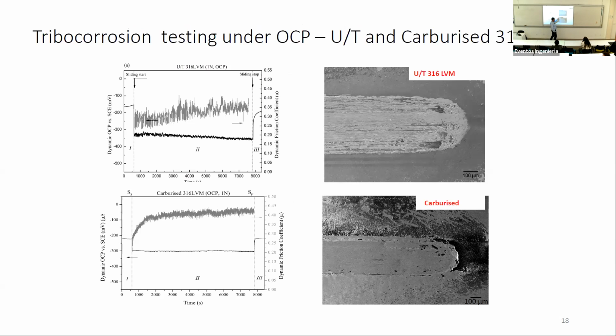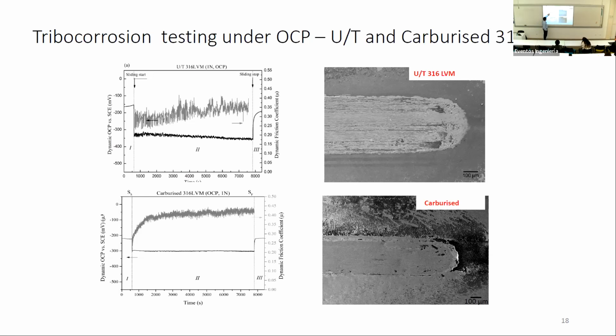Over here, then we have the same tests, but this time around under open circuit potential conditions. So we're monitoring the open circuit potential, and we're doing the test. And now we can see that the damage to the 316, so this is the wear scar forming on the 316 substrate, is much bigger. We can see much more abrasion damage there. So the debris over here was acting to increase the wear due to the corrosion.